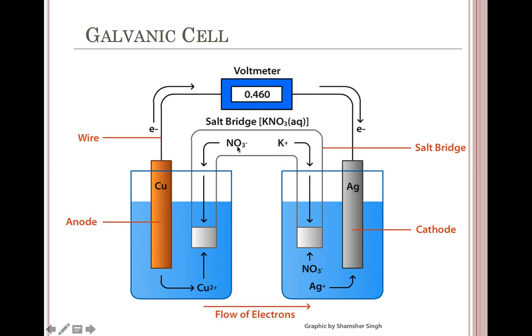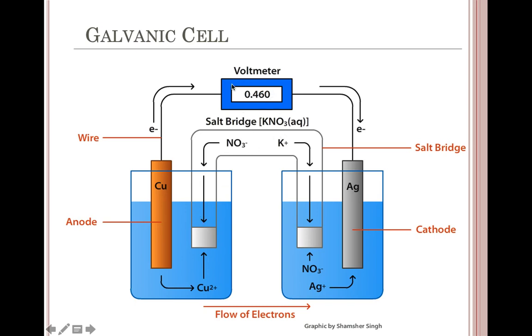In the salt bridge, we have a salt, and the potassium, which has a positive charge, is attracted to the nitrate, which has a negative charge. Conversely, in the other half cell, where the anode is and the oxidation is happening, the copper 2 is combining with the nitrate to balance out those charges. In the salt bridge, we have potassium nitrate, and those ions go there to balance out the charge.